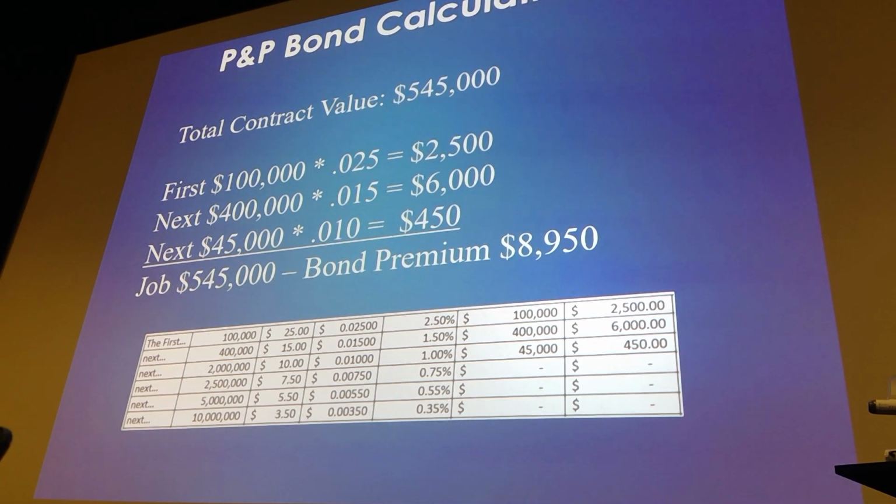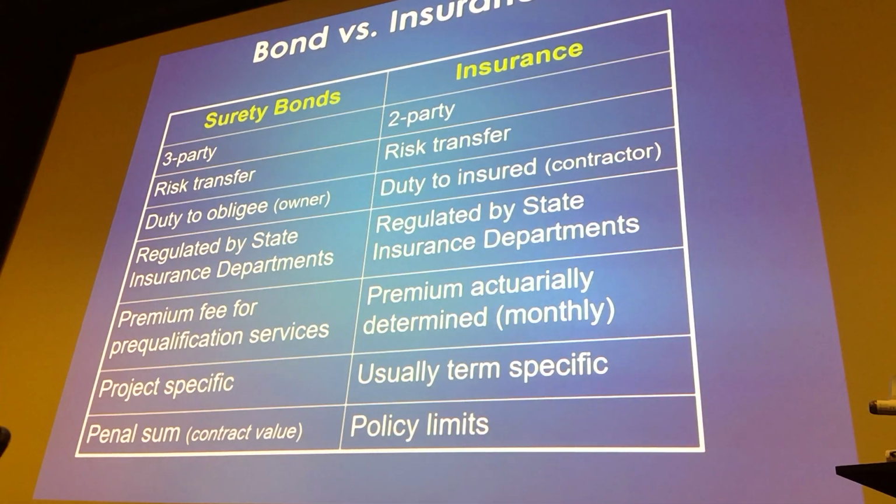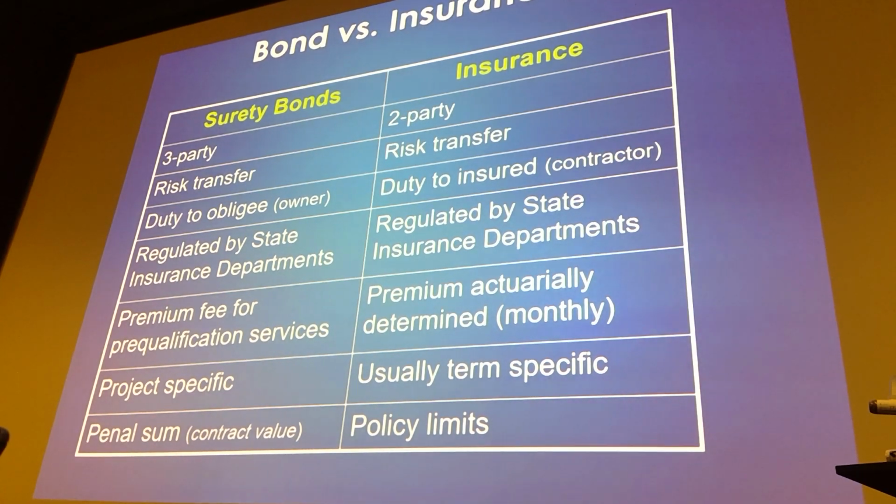Can you explain the insurance, what actuarially means? Oh, okay. An actuary is somebody that looks at statistics of accidents or deaths to determine how likely they are to happen.